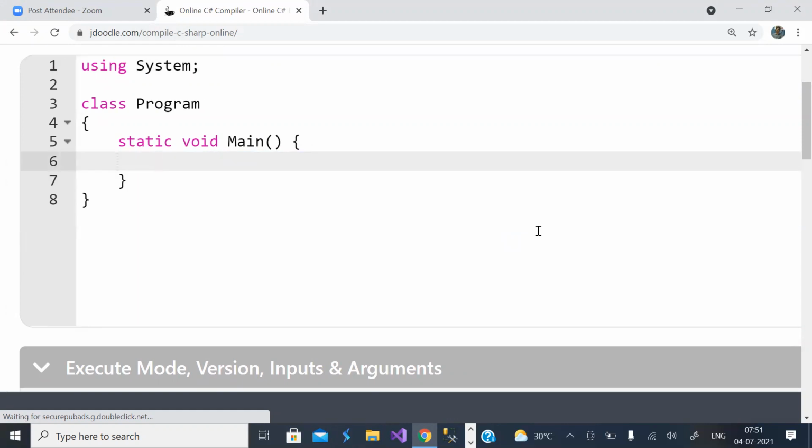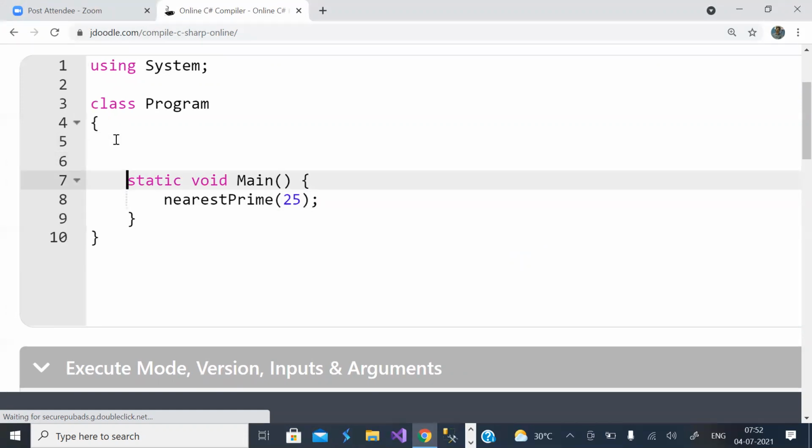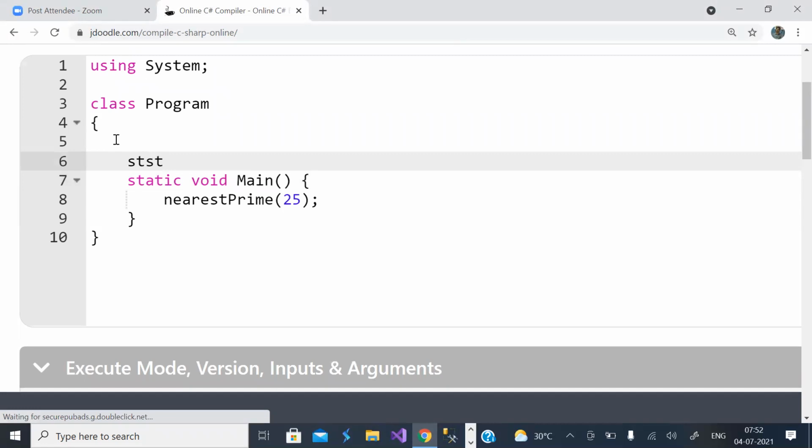Here we call the nearest prime method and pass, say, 25. So the answer should be 23, you know it. Now this is static. It prints output here itself.